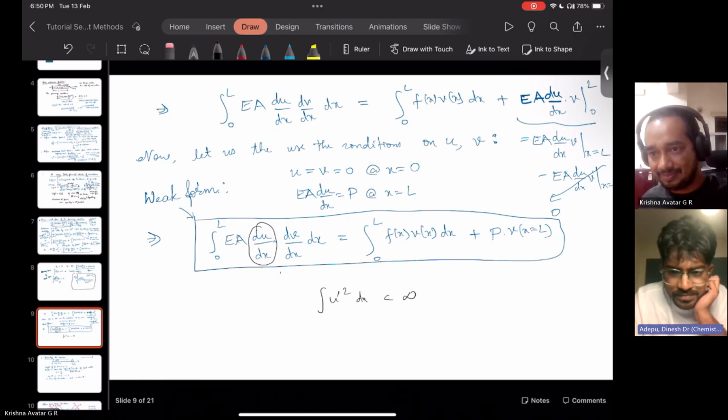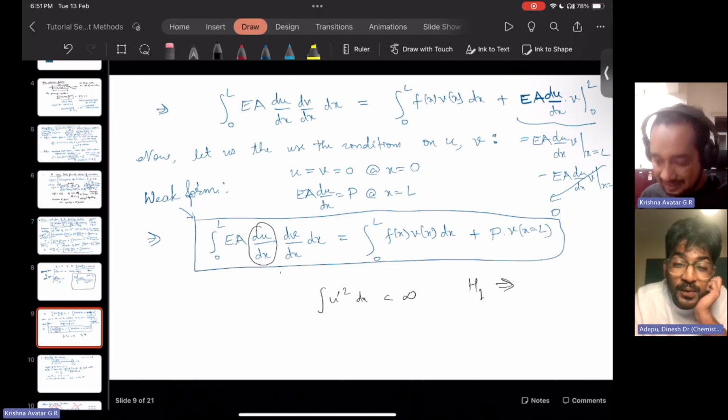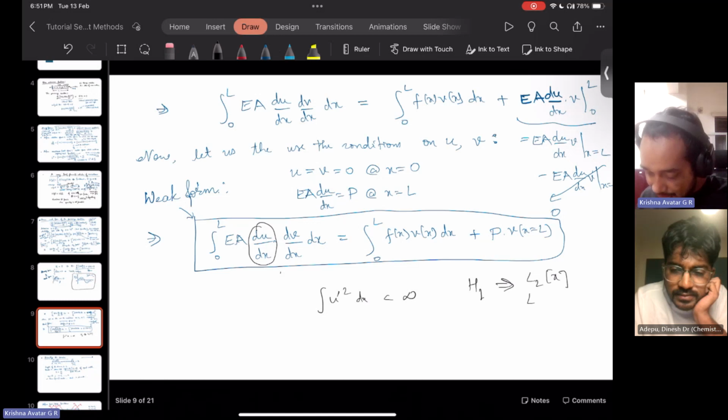And this goes into what we call the Hilbert space. H1 space implies that it is L2 for x, it is also L2 for u, and it is also L2 for u prime.